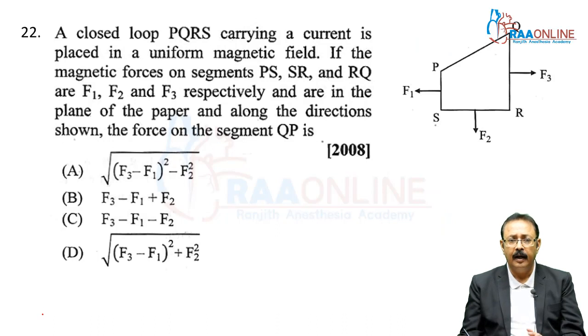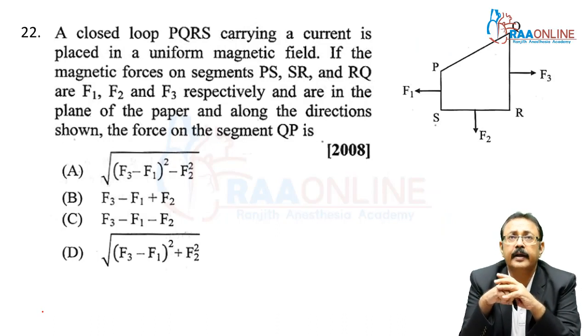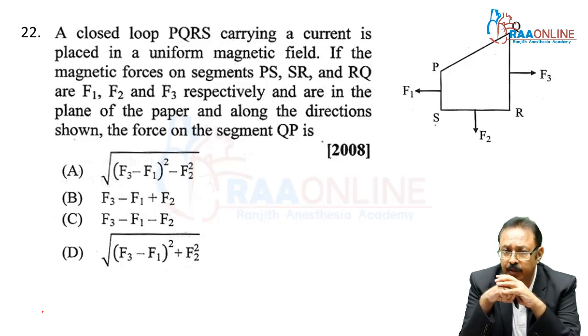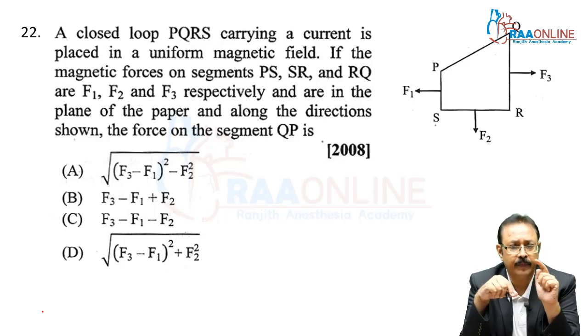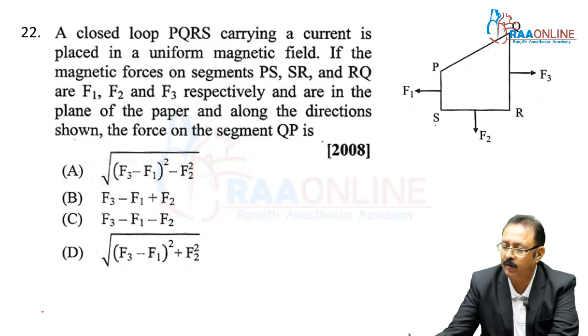Next. A closed loop PQRS carrying a current is placed in a uniform magnetic field. If the magnetic forces on segments PS, SR, RQ are F1, F2 and F3 respectively and are in the plane of the paper along the directions shown, the force on the segment QP is... Definitely it will also be in the direction of the plane.